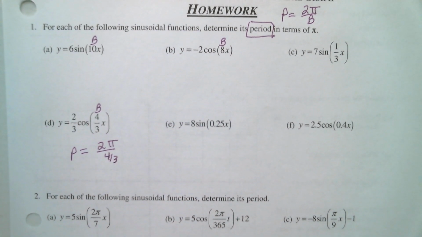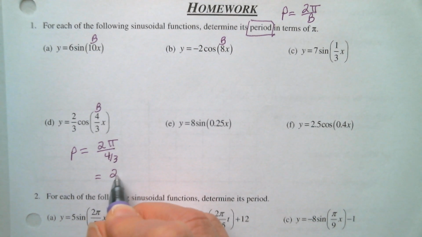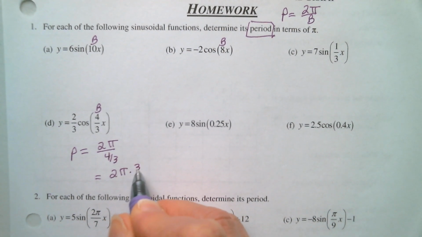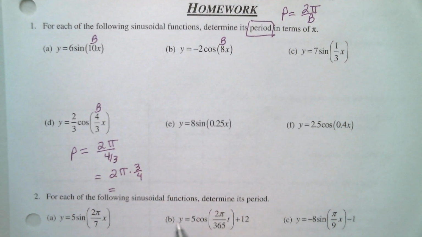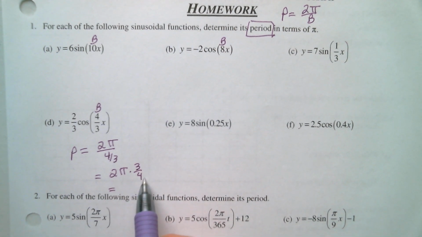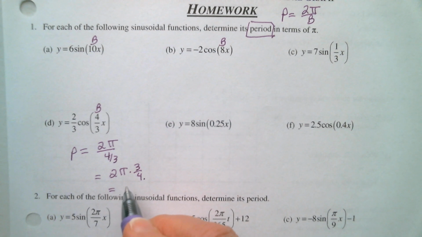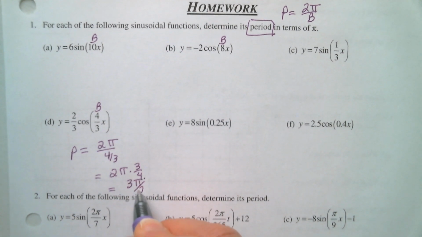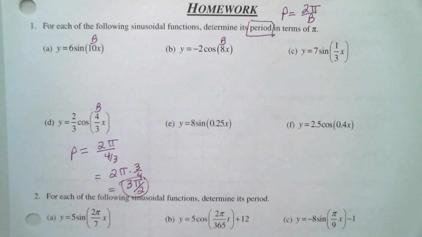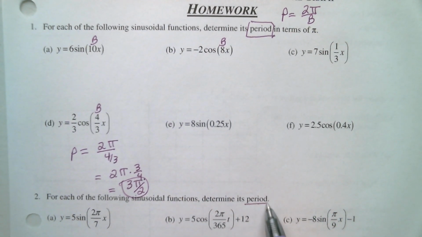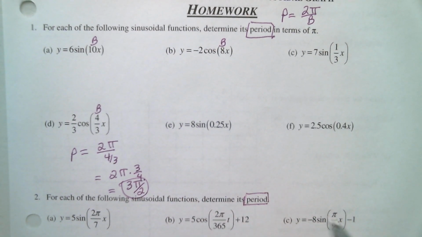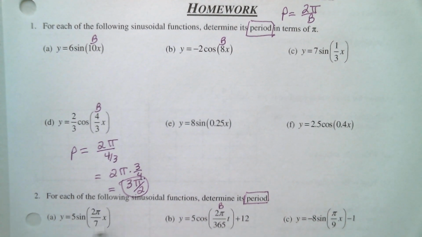Dividing by 4/3 is the same as multiplying by the reciprocal. The 2 and the 4 are reduced, so in reduced form, 3 pi over 2. Same thing here, you're determining the period, which only involves the B value, has nothing to do with the A or the C.